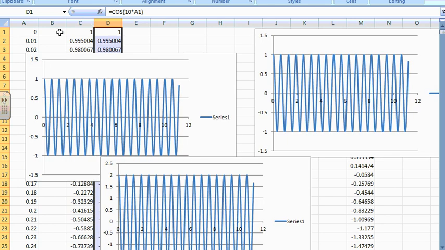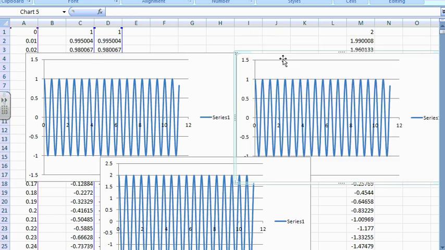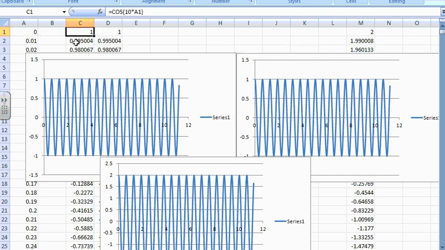Okay, so here are the two waves. So first of all, let's see. I'm going to take two waves that are exactly the same, okay?